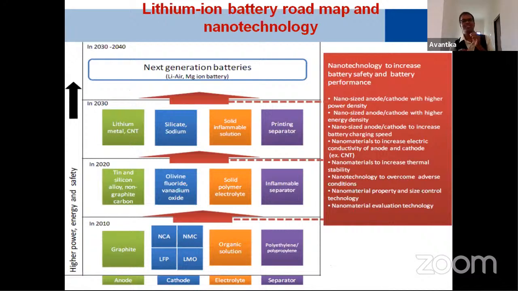Okay, this is an important slide, the comparison of cathode materials at present, and the important materials we can use in the future also. So almost we are on this platform, right? Right now, most scientists are working on olivine, fluoride, vanadium oxide.